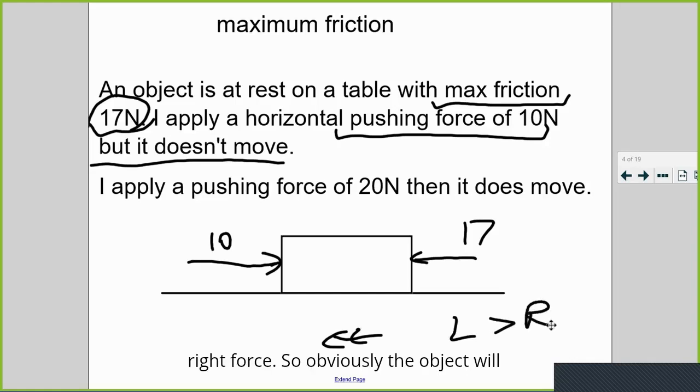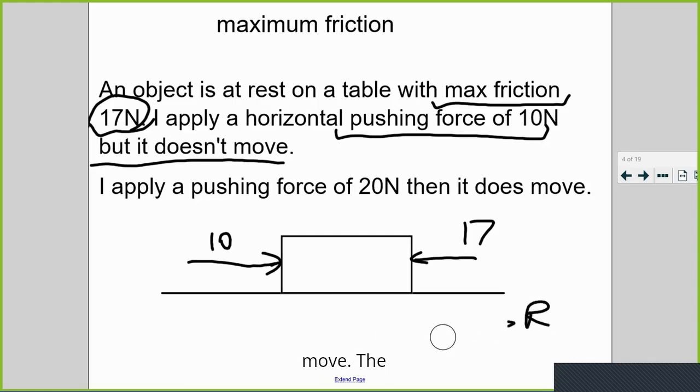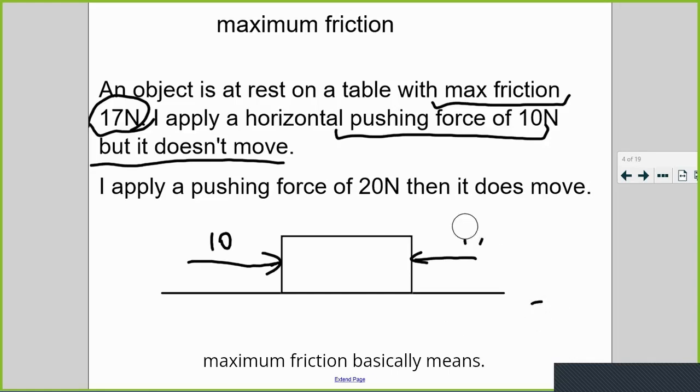So obviously the object will move. The maximum friction basically means you need to apply enough friction to keep the object at rest. So if I'm pushing by 10, the friction applied opposite will also be 10 to keep it at rest, not move. We don't need to have a 17 friction here.